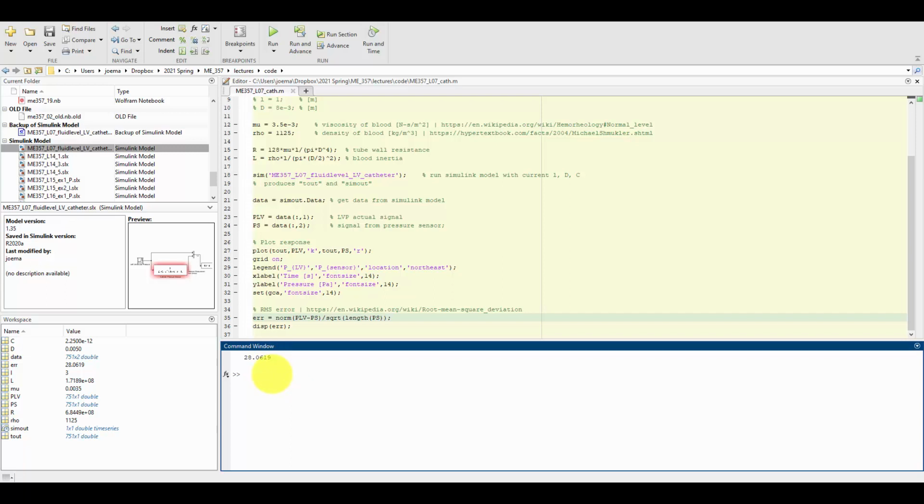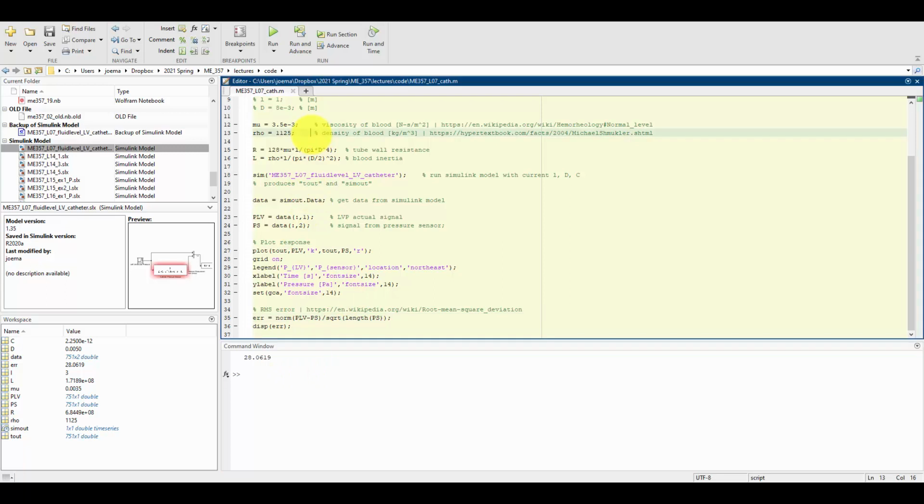Now that number by itself doesn't mean much because in isolation, we can't say that is good or bad. Is 28.1 good or bad? We need to compare it really to a different design and see, does the RMS error go down or does it go up? So for different designs in the same realm, comparing RMS values does have some merit.